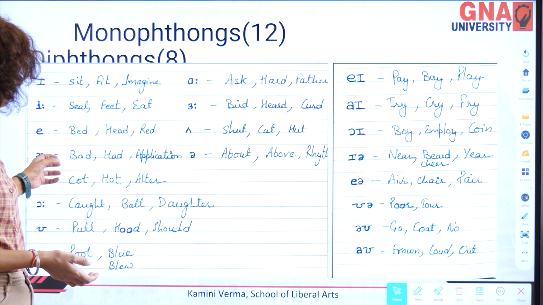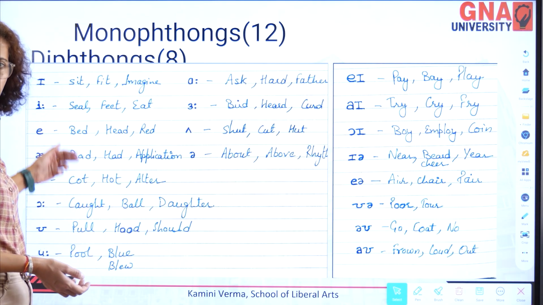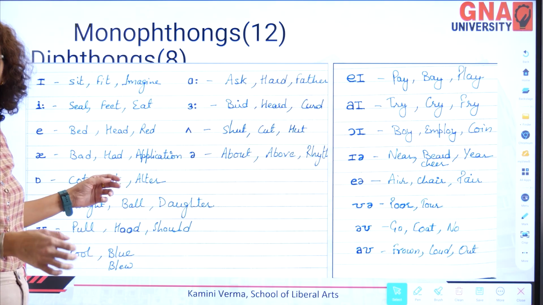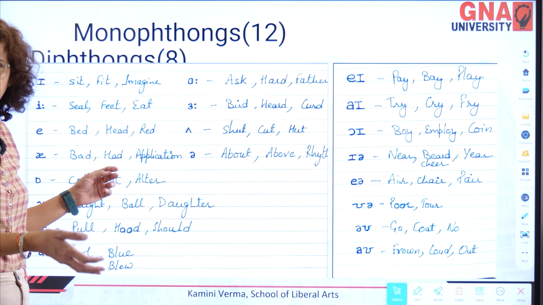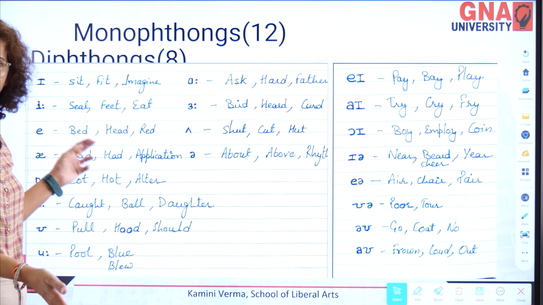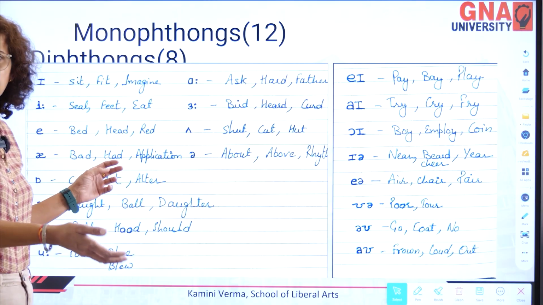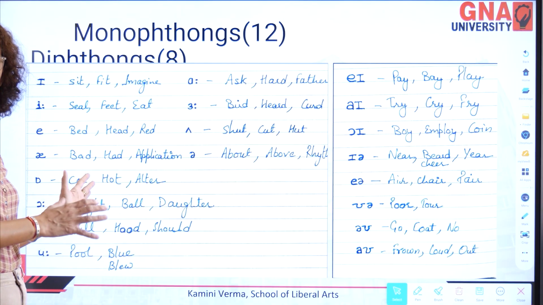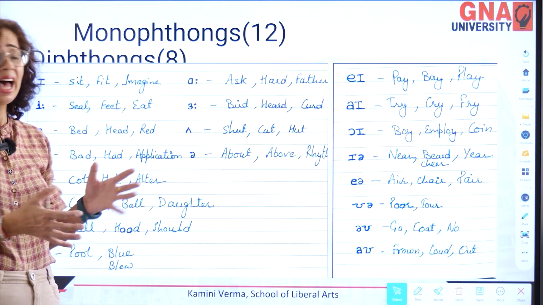So these are the stressed ones, and this is unstressed. Let's try replacing them. Is it possible? No, we cannot say sleep on the bad. We have to say sleep on the bed. On the other hand, you are a bed boy? No, we cannot say that. It is you are a bad boy. This is what we need to understand when producing the A sounds of English.